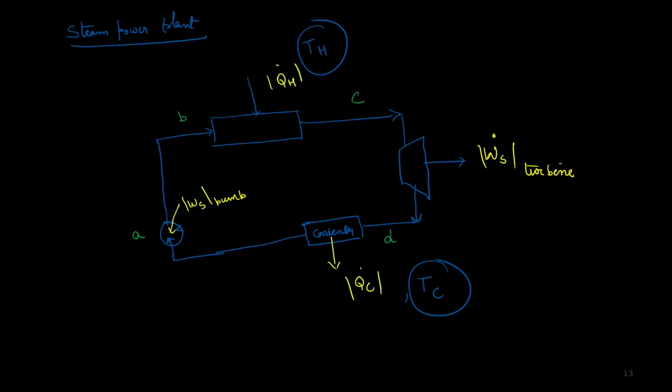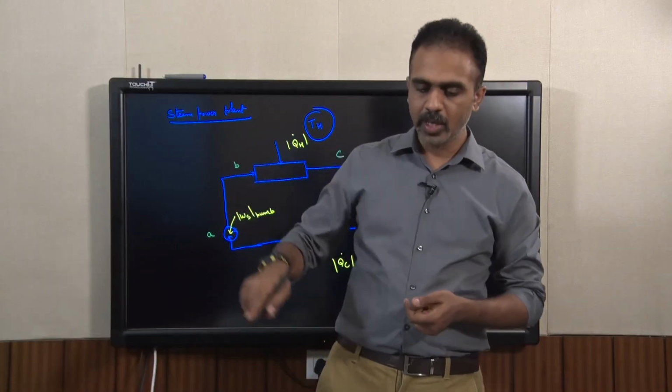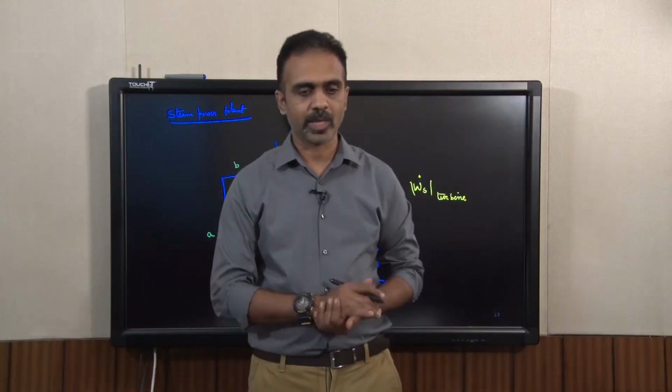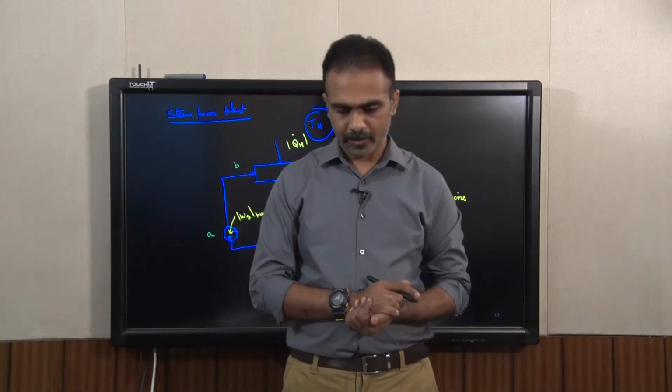We use this steam to expand in a turbine and produce some work. Whatever comes out of the turbine is transferred to a condenser where we reject heat to the surroundings, condense the liquid, bring it back to its original state, and then circulate the working fluid through the entire four steps so that we complete the cycle in this manner.